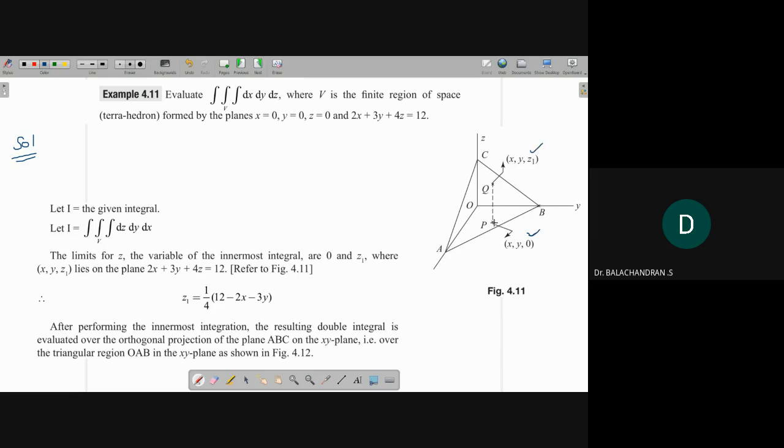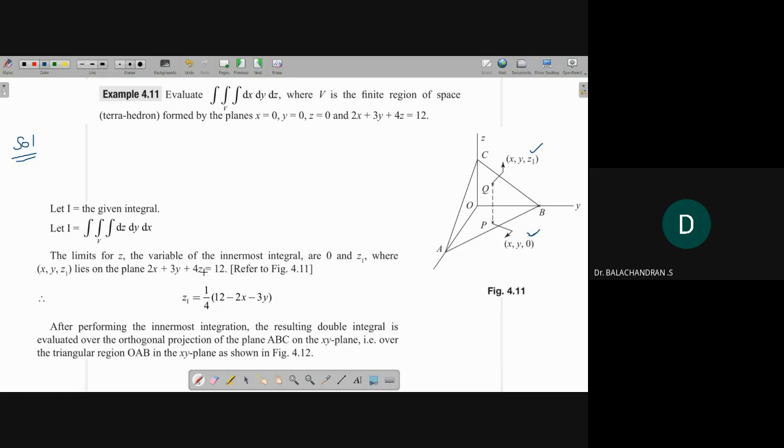It is 0 because in the xy plane the point is x comma y comma 0. The point Q is on the tetrahedron, so it is x comma y comma z1, and it lies on the plane 2x plus 3y plus 4z equal to 12.